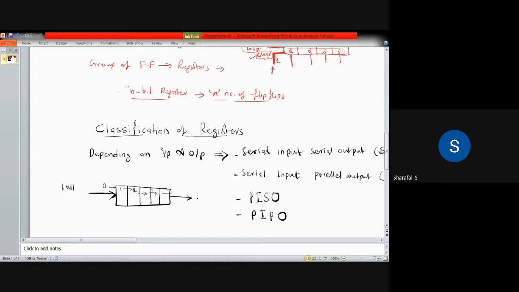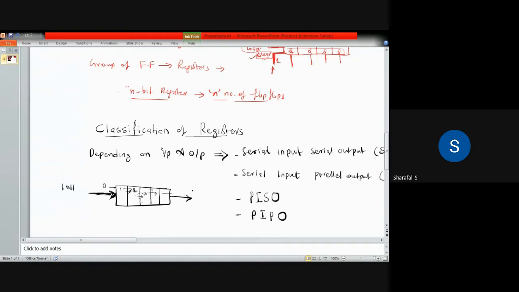In this kind of operation, you provide the input data at the first flip-flop, it gives its output to the next, and the process continues until you get the output after the last flip-flop. That is called serial input, serial output, because both are serial with respect to this register.